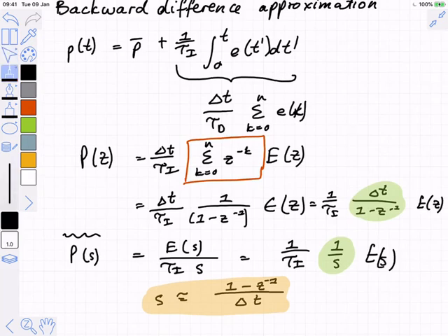And so therefore, like most approximations, it simplifies our calculations, but it is not more correct.